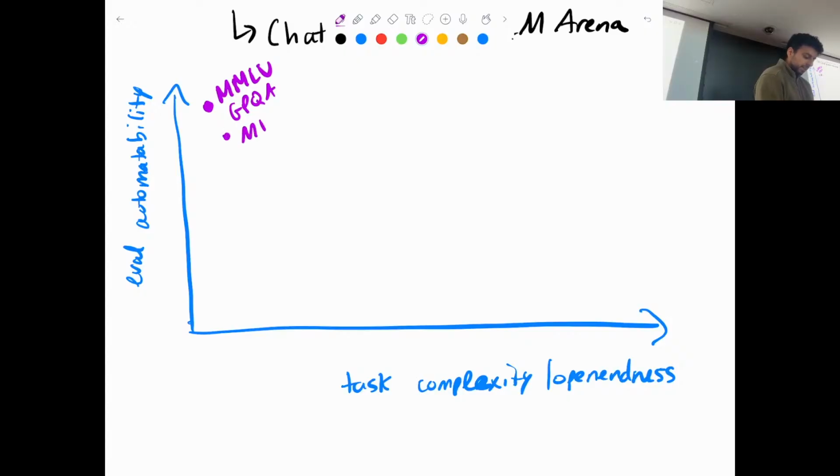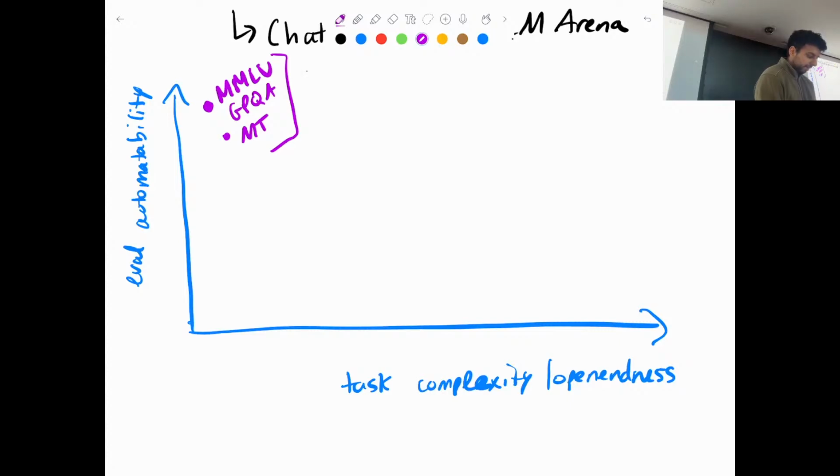You could also say machine translation is in this quadrant because although BLEU is flawed, it does correlate with human preferences on translations, and it's very easy to compute. And also the task itself is relatively constrained, right? Translating a sentence is very different from writing a story. There's only a few valid translations of any given sentence. That said, I would put it more to the right of these multiple choice exams.